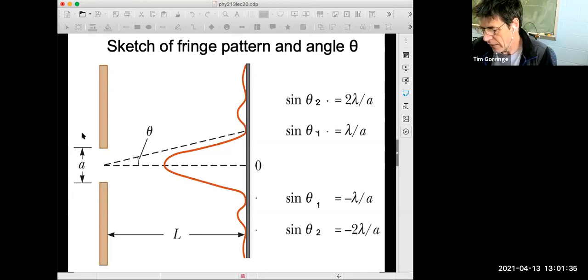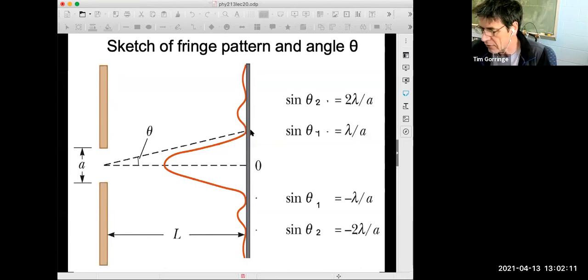And so over here is the slit, and the slit width is A. Down here is the separation between the slit and the screen, that's L. And theta is that angle, that direction towards the location on the screen. And that equation, sine theta equals m lambda over A, that tells you the location of the dark fringes. So this brown line is meant to indicate the intensity of the light.